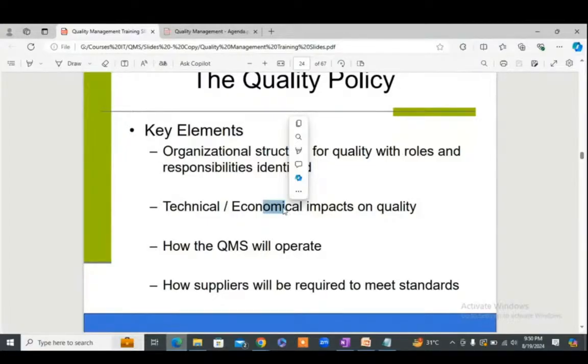So in QMS, prototyping involves creating preliminary variants of a product or service to test and validate design concepts before full-scale production. This process helps identify potential issues, gather feedback, and make necessary adjustments to ensure that the final product meets quality standards and customer requirements.